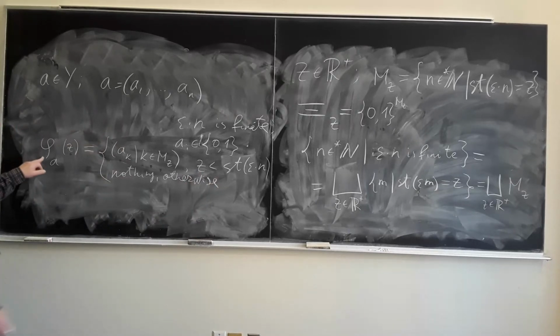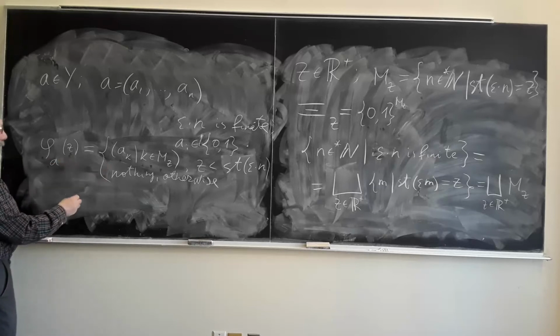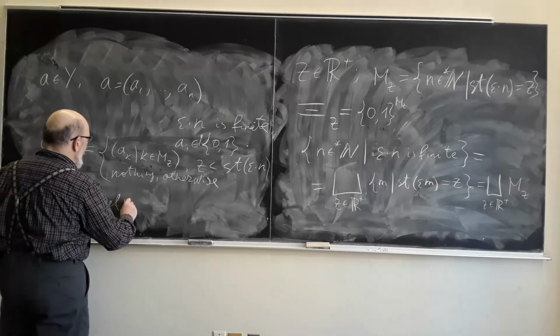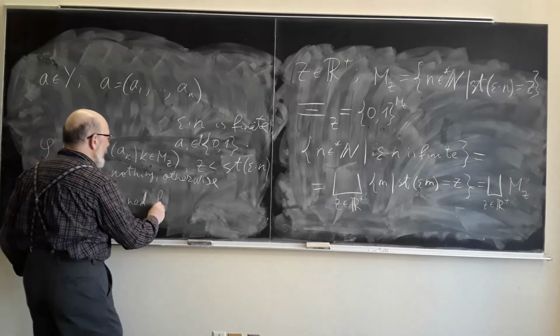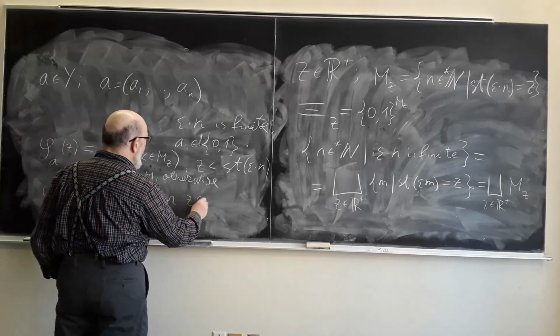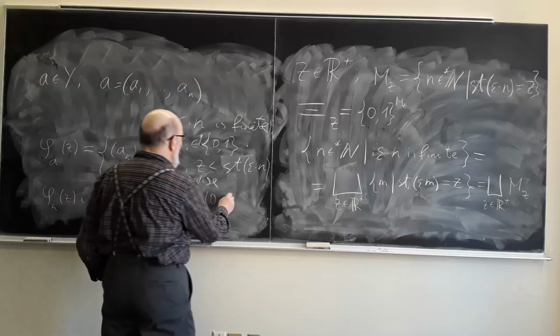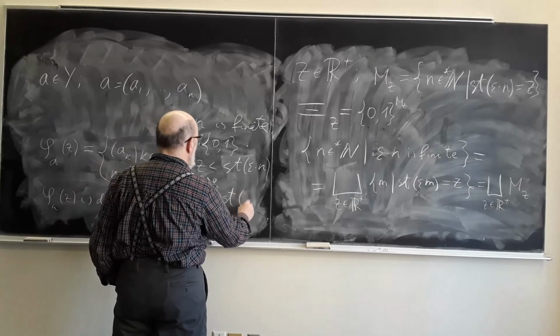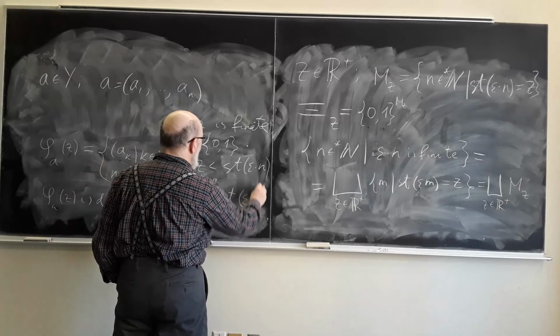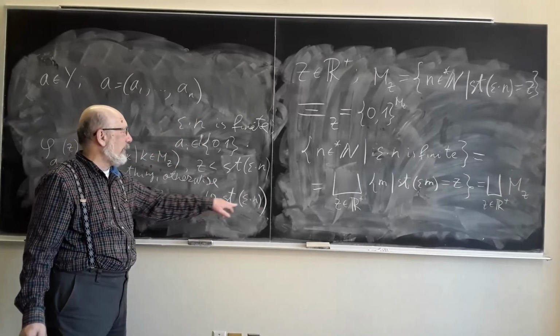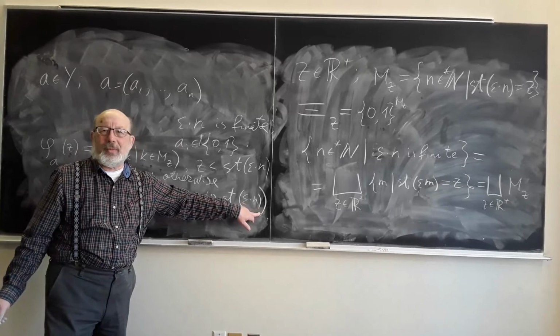So phi A of Z is defined for Z in the segment from 0 to standard epsilon times n, not including 0 itself and not including this.